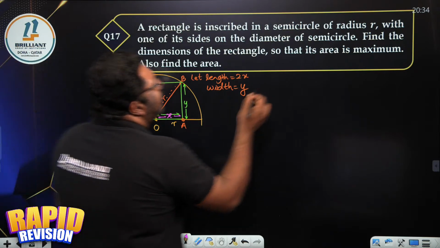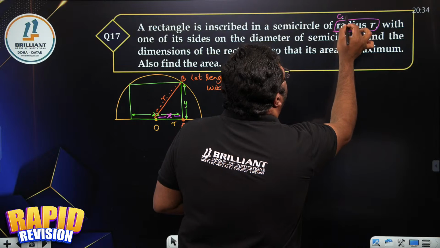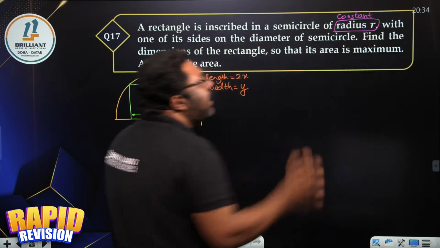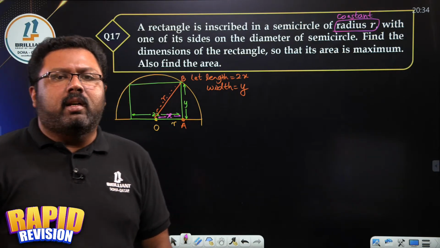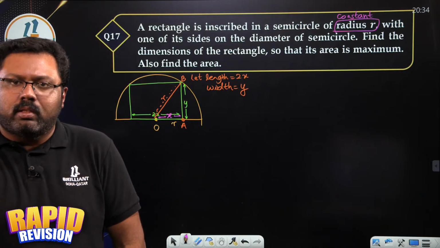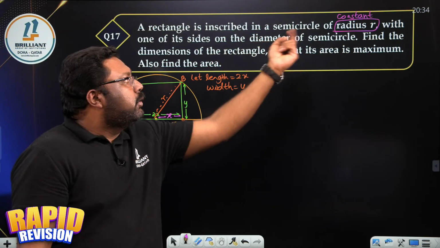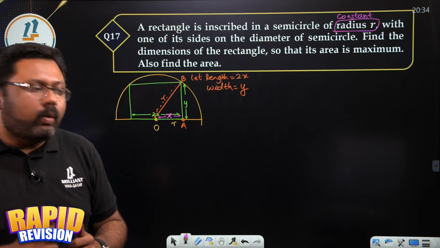Whatever is mentioned in the question can be considered a constant. Don't say r is a variable. They could have said the radius of the semicircle is 3 centimeters; instead of 3, they said r, that's all. So we consider the given alphabet r as a constant, not as a variable.